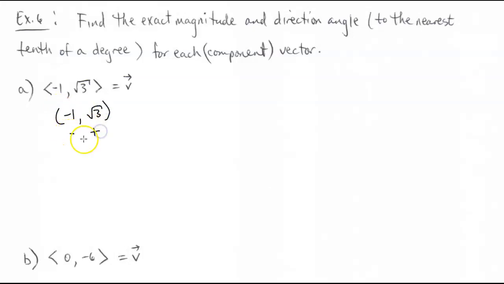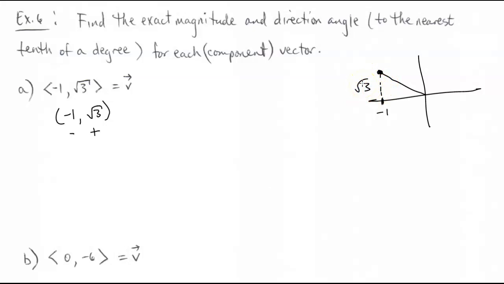We know the x coordinate is negative and the y coordinate is positive, so that's going to be a point in quadrant 2. If I was to draw that out, our terminal side here is going to be in quadrant 2. And here, this would be -1, and this would be square root of 3.